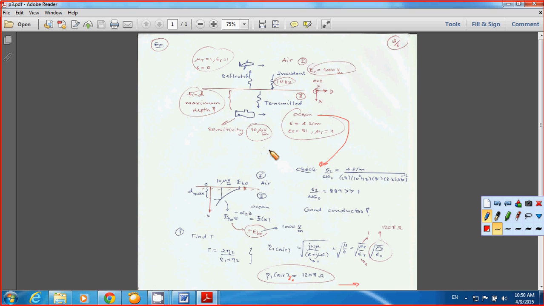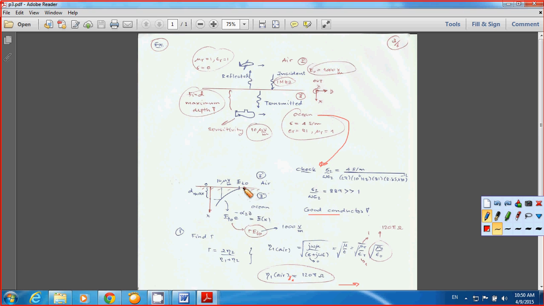As I talked about in uniform plane wave series 1, compare the ratio sigma 2 over omega epsilon 2. If it's much greater than 1, the medium is going to be a good conductor, and you can use the equations to find eta and gamma, the propagation constant, because you need to use them for the equation. Okay, let's take a quick look at how you're going to analyze the problem here.